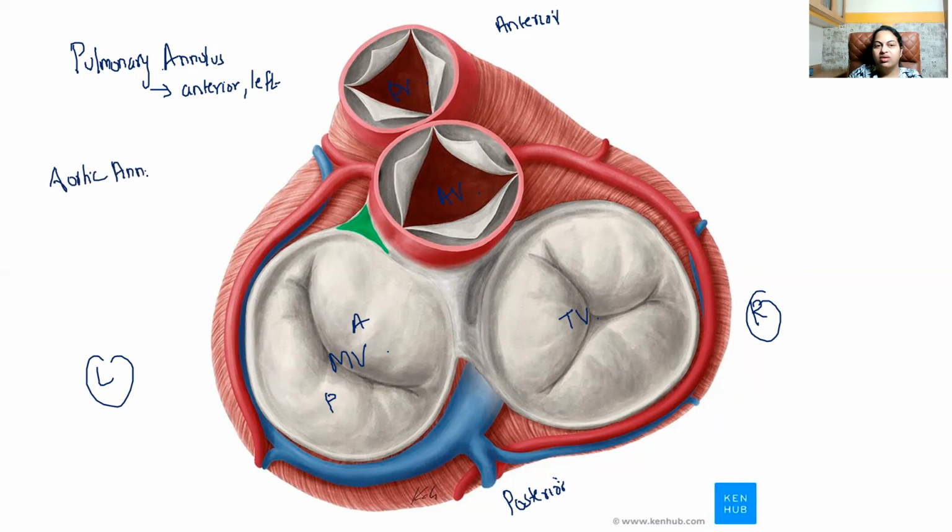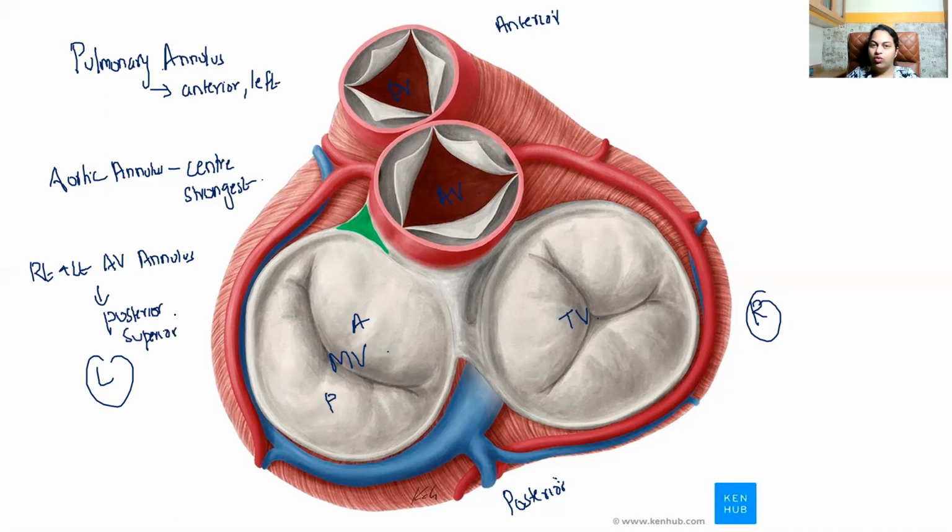It lies in the center. It is the strongest of all the annulus. And comparing the right and left atrioventricular annulus, the left one is more posterior and superior when compared to the right atrioventricular annulus.